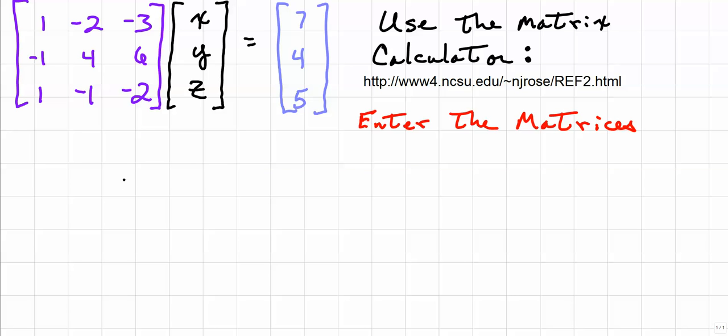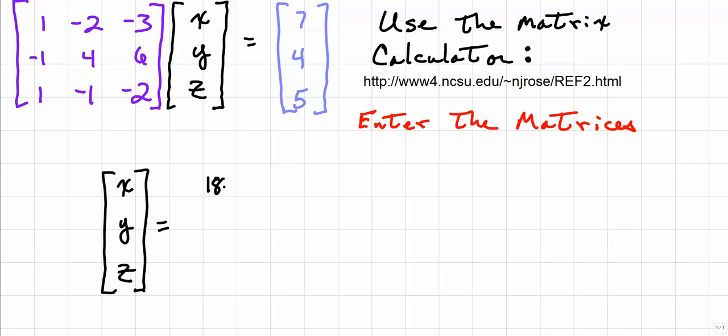So the matrix x, y, z is equal to 18, -17, and 15.